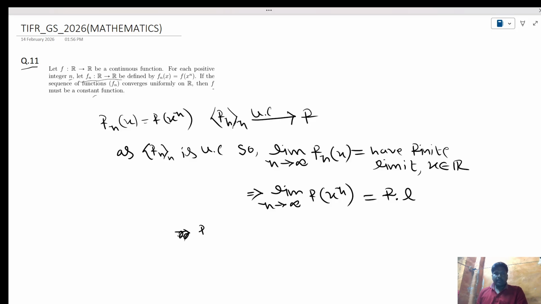Now, given that f is continuous, this is the main tool.